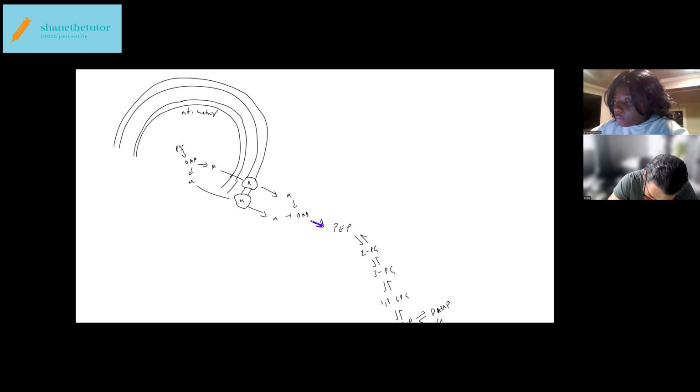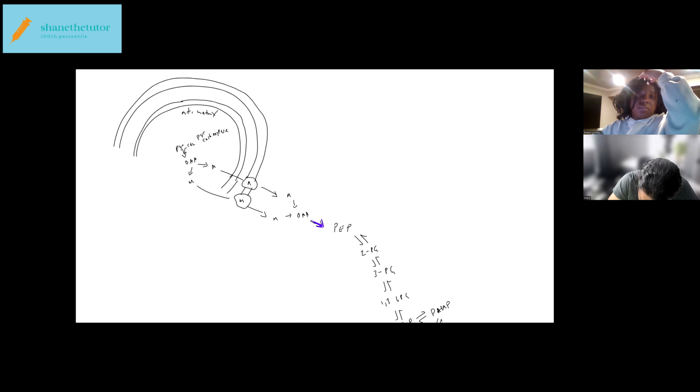So pyruvate carboxylase lets CO2 enter or combine with pyruvate. And this should say is present in liver.